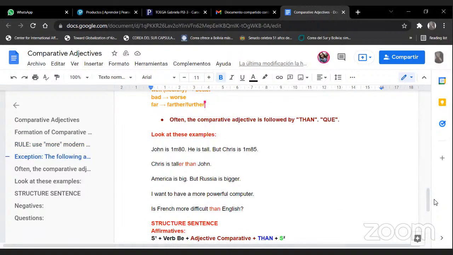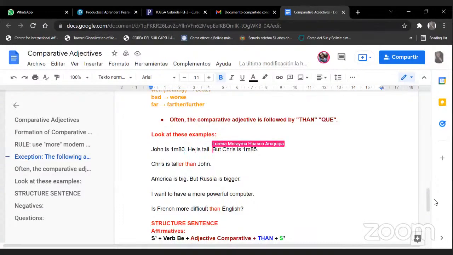And one important thing for this grammar is this part where it says, often with comparative adjectives, we use the important word than. We use than, that means que in Spanish, in order to compare 2 things, okay? For example, John is 1 meter 80.